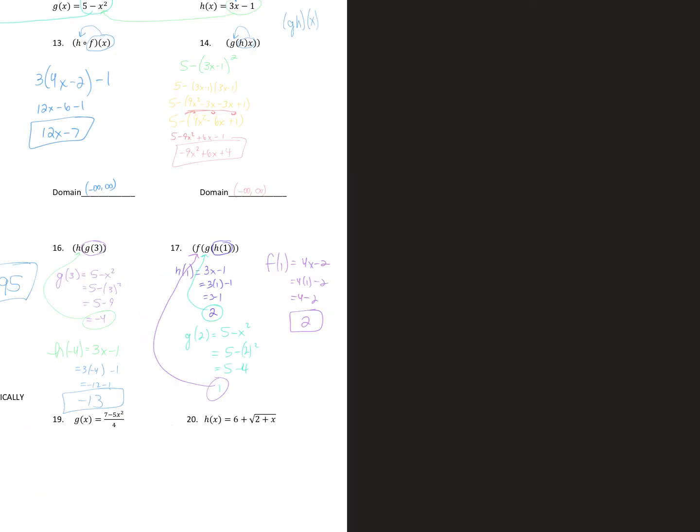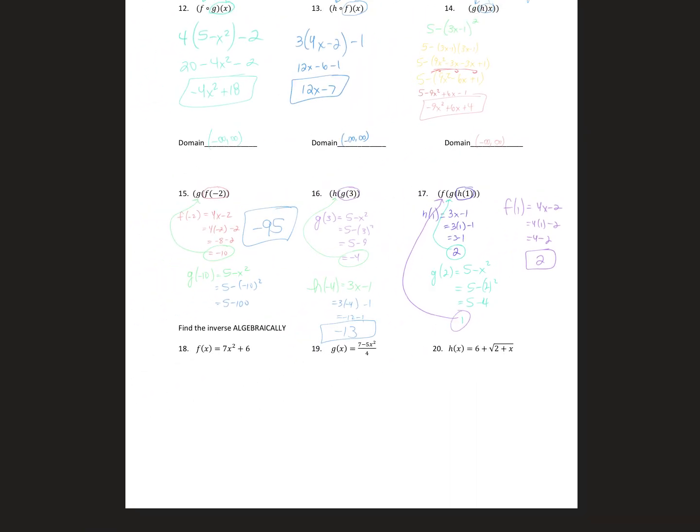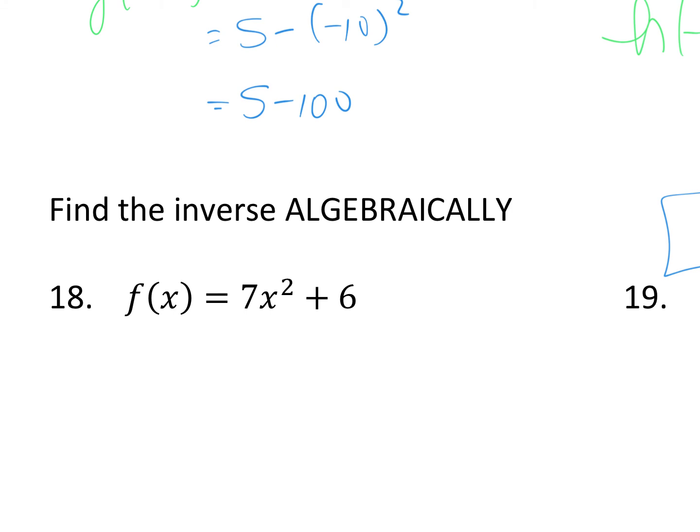Questions? Finding inverses algebraically. The first step is the most important. Inverses, guys, if something is an inverse, it's the opposite, right? We've known that for a while. So if we're going to find our inverses algebraically, f of x is just a fancy way of saying what? Y, okay? So this is just y.